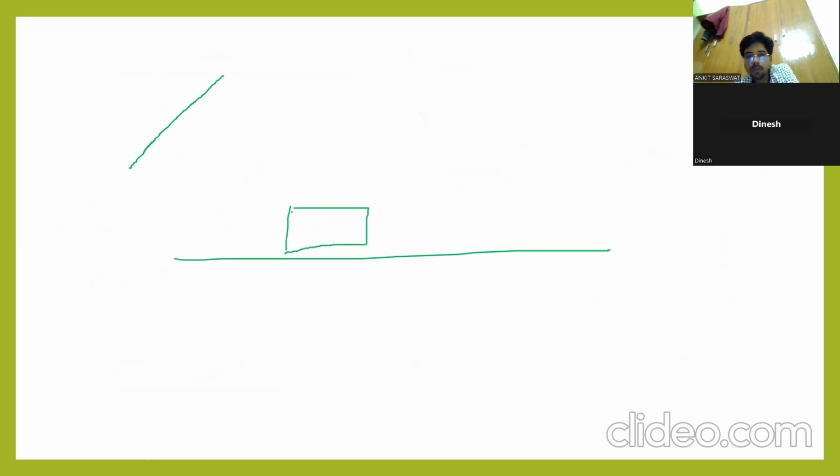If any question asks like this, if the inclination is given, let us suppose theta: a block is placed on the floor like this, and they have given a contact force of 2 Newton, and the block has mass 2 kg, and this theta is 45 degrees.